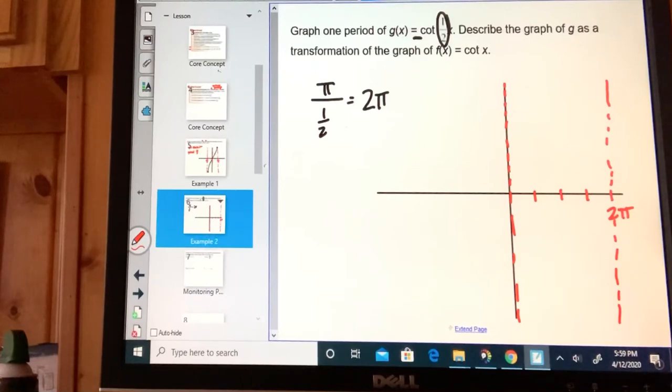I think tangent and cotangents are easier, because now that I have that, I know it's got to be 0 in the middle. And because it's a reciprocal function, it's just going to flip. So if I'm talking about cotangent, it's going to look like this.